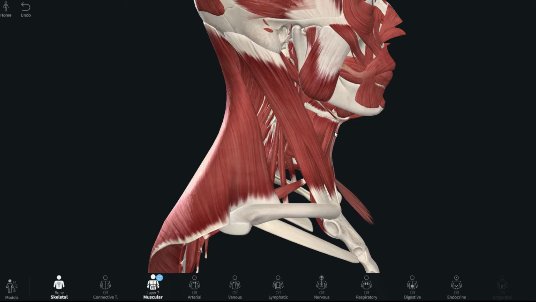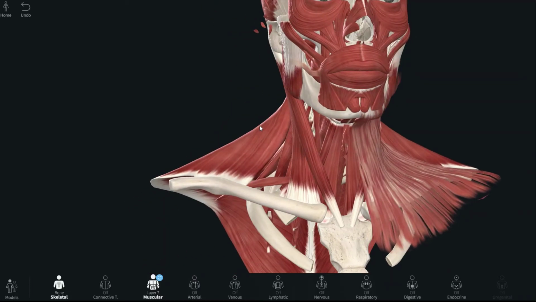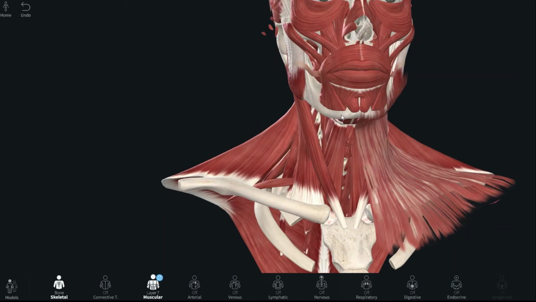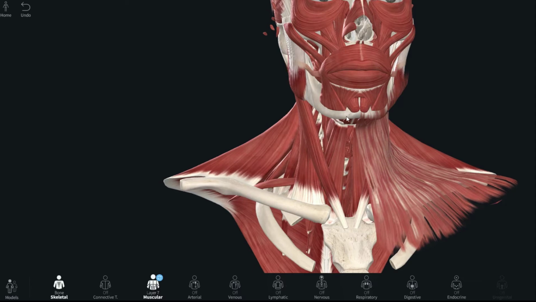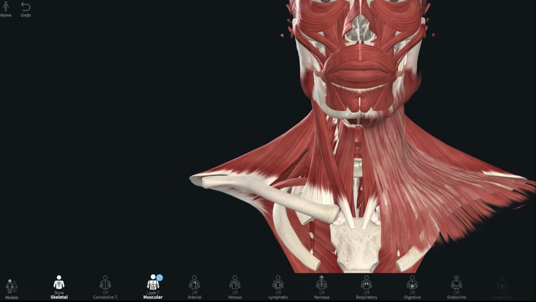But why I brought that up is, when I talked a little bit about the anterior triangle, I had said that the anterior triangle is bound anteriorly by the anterior midline of the neck.